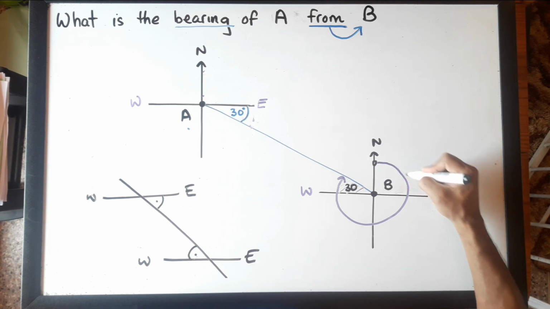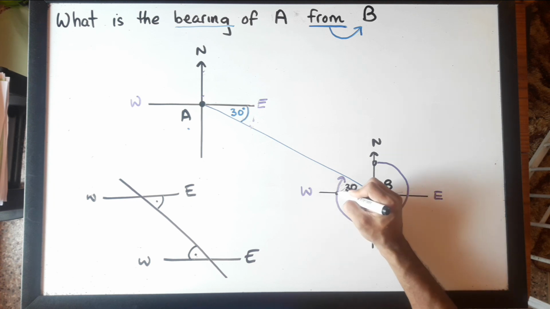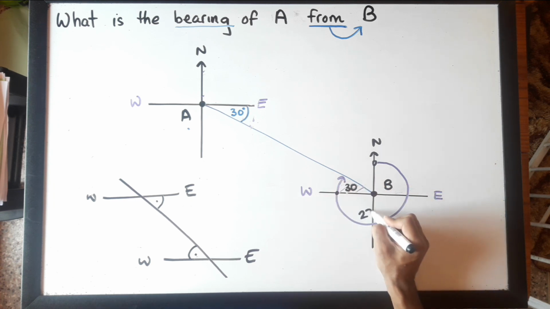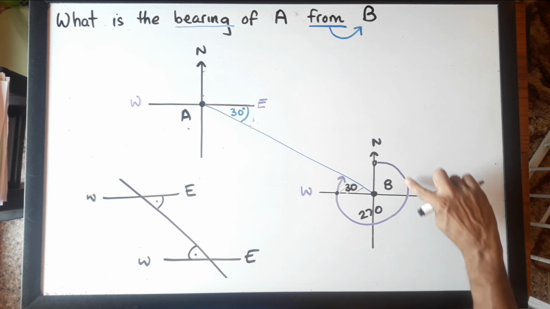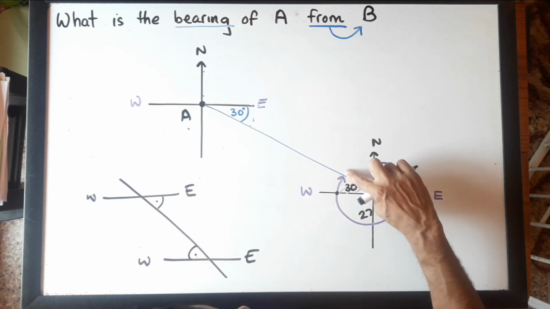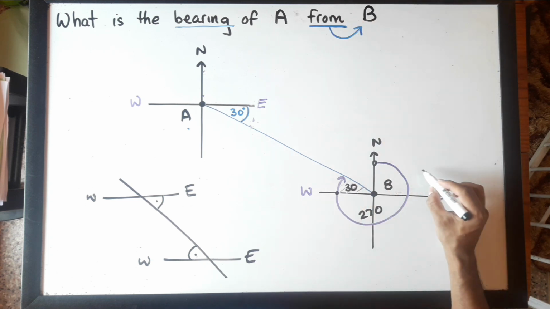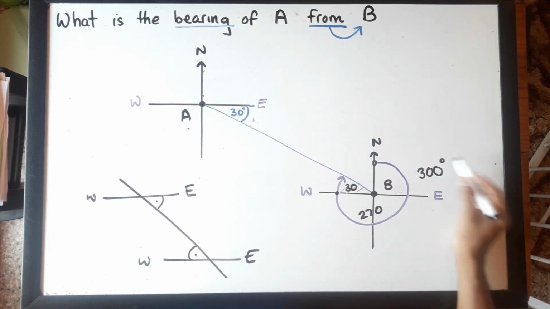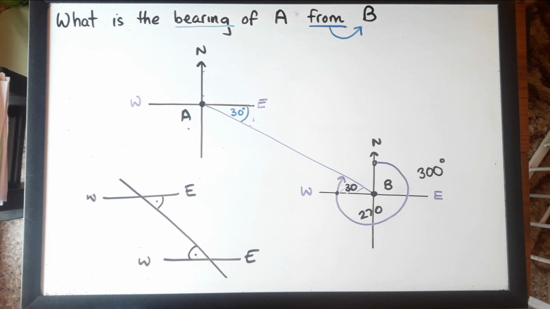Remember, from north all the way to west is 270. So the full angle, the full bearing is 270 plus 30, making the answer for this question to be 300 degrees. All right, so let's try another question.